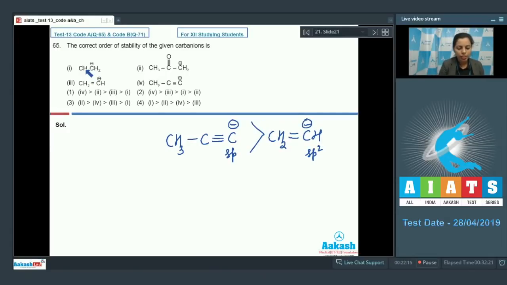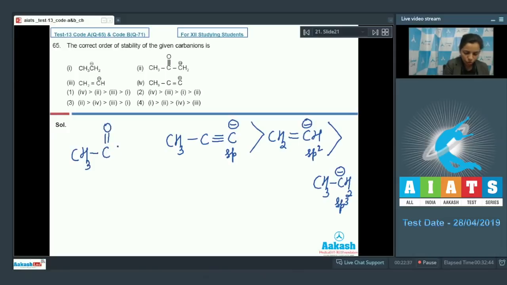After that, let's take CH3 CH2. That is, I'm writing here, this is the carbanion, and this carbon sp3 hybridization is there. That's why this is least stable. Now, what about the compound given here as second one? Let's check this one. In this case, it is CH3, C double bond O, CH2 negative.